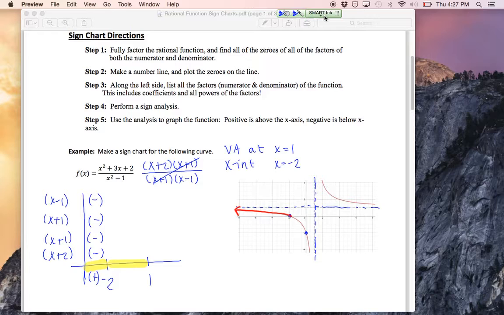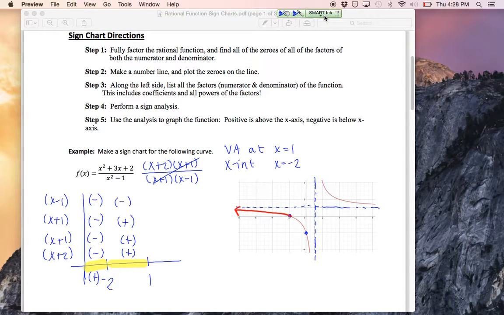So I'm going to do the same thing. I'm going to pick an x value between -2 and 1. So I'm going to pick 0. Imagine plugging in 0. 0 minus 1 is -1, so it's negative. 0 plus 1 is positive. 0 plus 1 is positive. 0 plus 2 is positive.